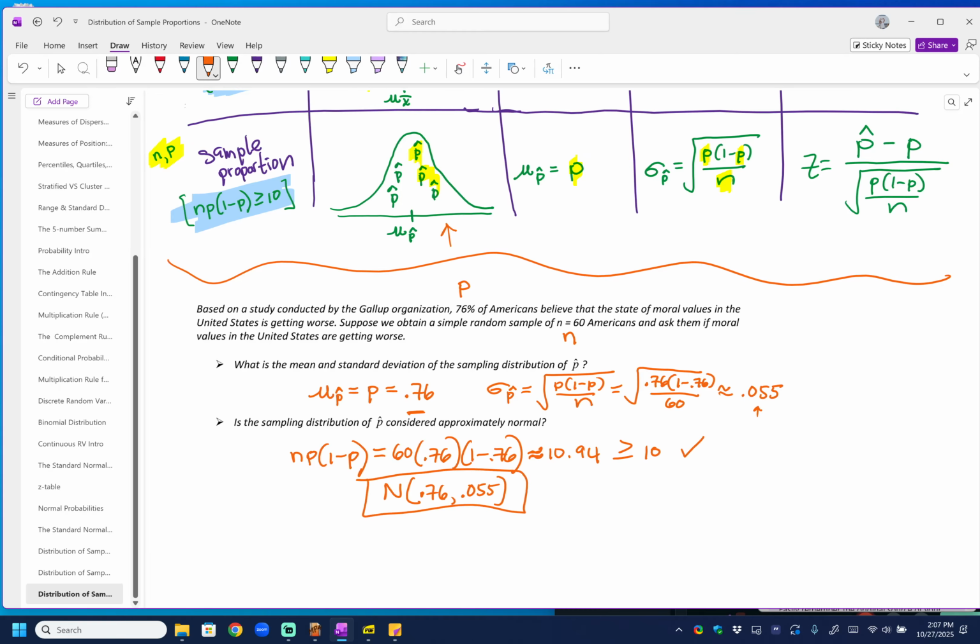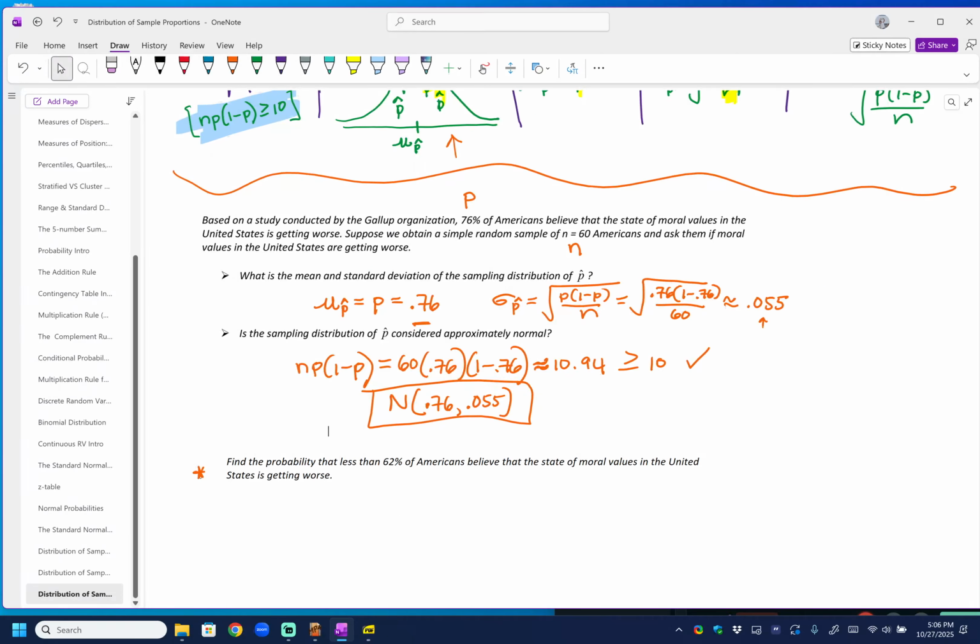So now that we fully know our sampling distribution of our sample proportion, how exactly do these problems present themselves in terms of probability? Well, here's an example. It says, find the probability that less than 62% of Americans believe the state of moral values in the U.S. is getting worse. Okay, so if you recall when we did sample means, it was always going to be the probability that X bar was some relation, like greater than 80 or less than 25 or something like that.